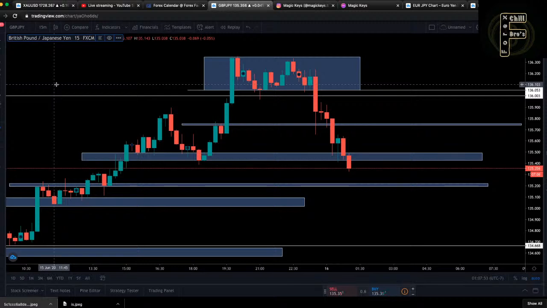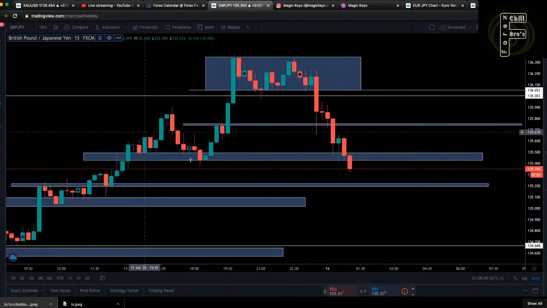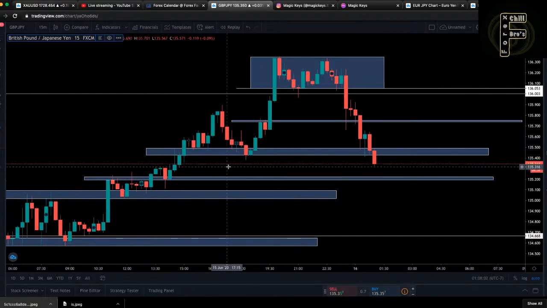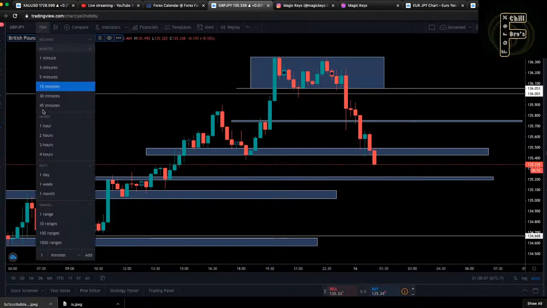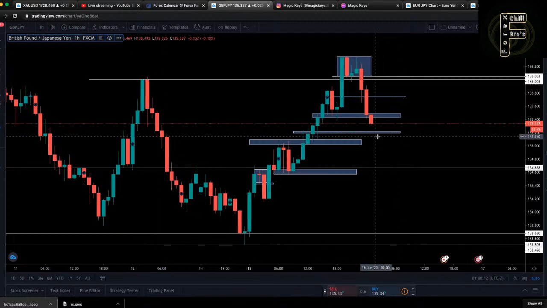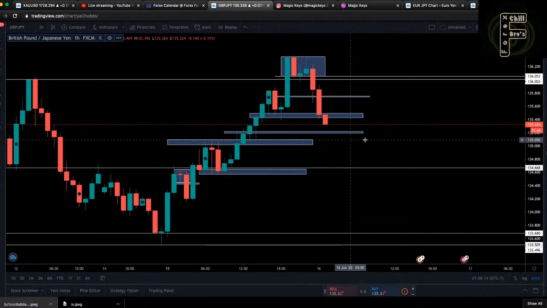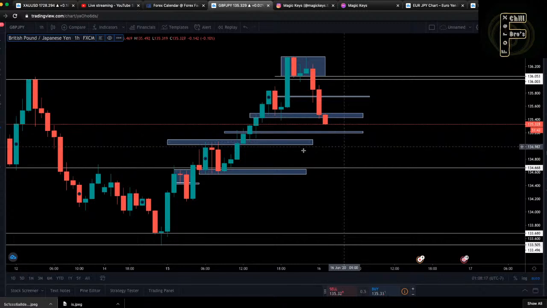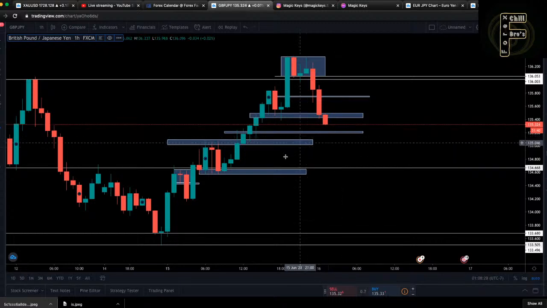Just keep pushing. Yeah, let price do its thing. What's the 1 hour saying? Still pushing. We're pushing towards the next support.